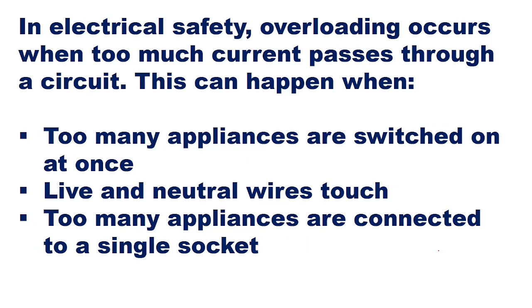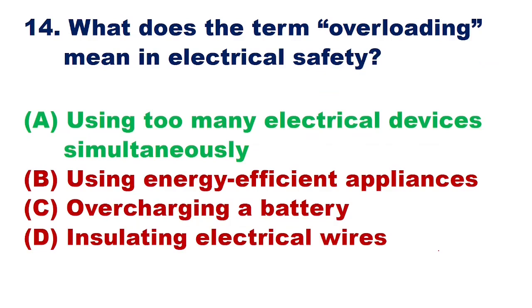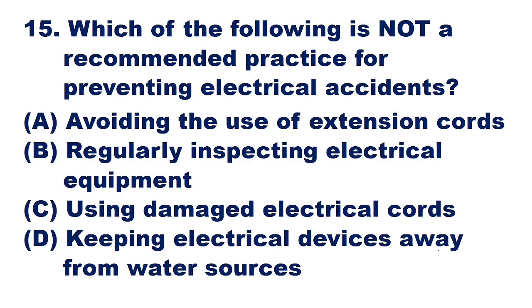This can happen when too many appliances are switched on at once, live and neutral wires touch, or too many appliances are connected to a single socket. So with this concept, we can conclude that option A will be the right answer. The meaning of the term overloading in electrical safety is using too many electrical devices simultaneously. Then we'll go to the next question.